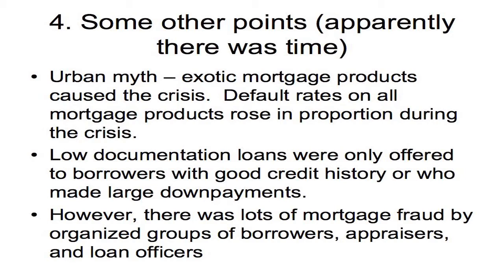Low documentation loans were only offered to borrowers with good credit history or who made large down payments. There's basically layering of mortgage risk, and the dirty little secret is there are 3 pillars of mortgage risk. One is income, one is credit history, and one is equity in the property. Any 2 of those are fine, especially with a wink and a nod, right?